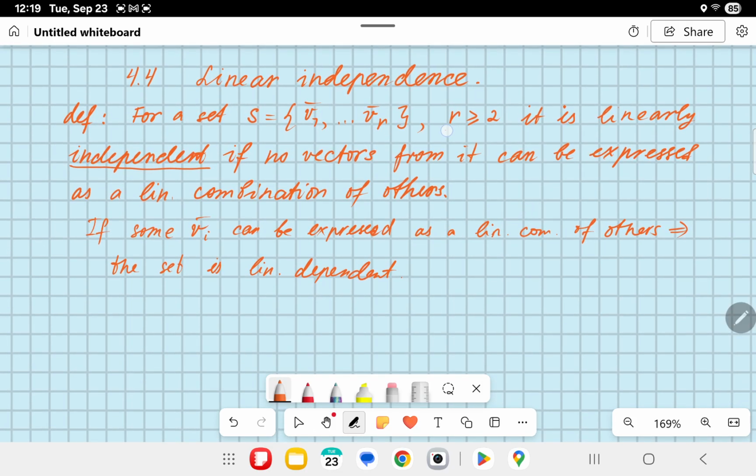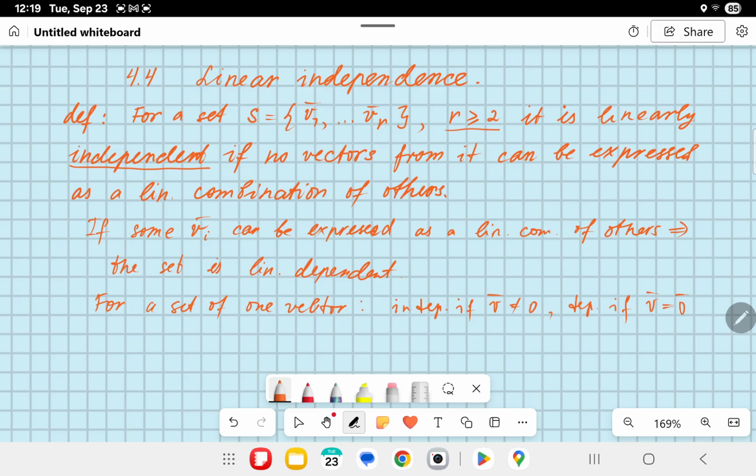Now we're talking about sets of two vectors or more. What is going to happen with a set of one vector? For a set of one vector, we're going to consider it independent if the vector is not equal to 0 and dependent if the vector is equal to 0.